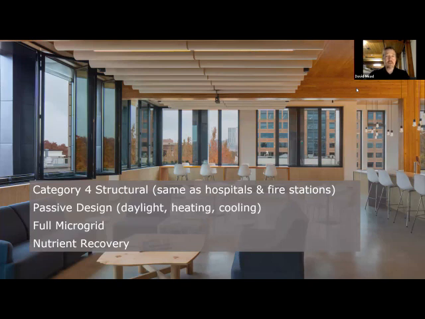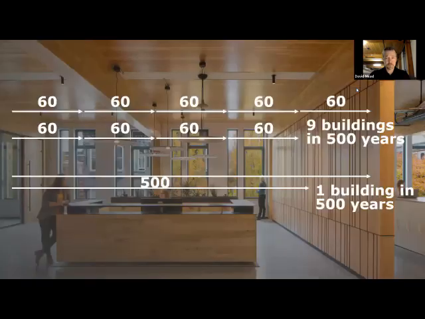And once again, if you're going to think about a building lasting 500 years, it's pretty hard to justify not having it be category 4 structural. It does have passive design features, it has a full microgrid and nutrient recovery system as well. But once again, if you just look at the simple math of it, it's fascinating. In 500 years, there'd be 9 buildings here based on a typical LCA.